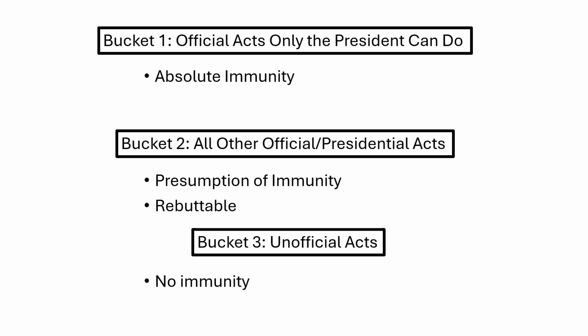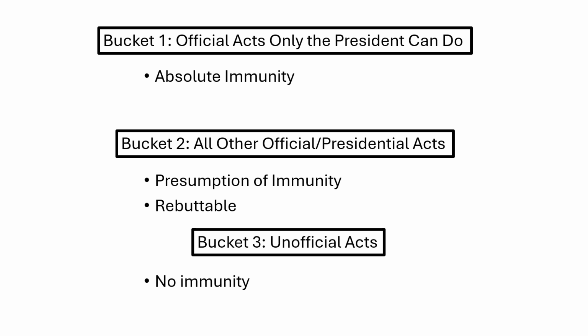This is comparable to the presumption of innocence. When you're charged in a criminal trial, there is a presumption of innocence, but that presumption can be rebutted, and it's rebutted all the time. Every single successful prosecution rebuts the presumption of innocence.